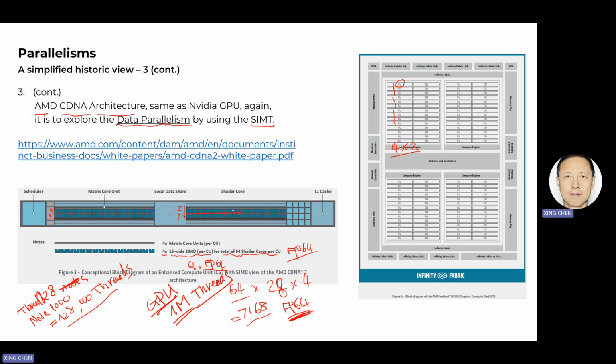These are the facts. That explains why we need to do GPU computing, because it's in the right direction: explore the data parallelism to deliver the performance.